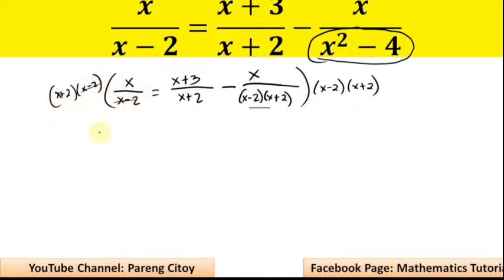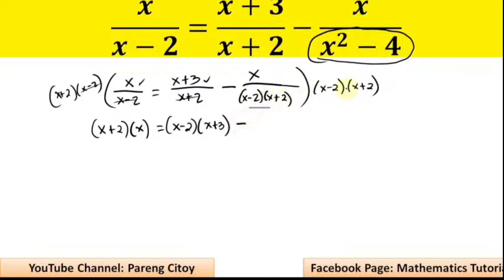So remaining value is x plus 2 times the value of the numerator, that is x, equals, so x plus 2 times x minus 1, i-divide natin dito. So ma-eliminate ang x plus 2. So remaining value is x minus 2 times the numerator, x plus 3.